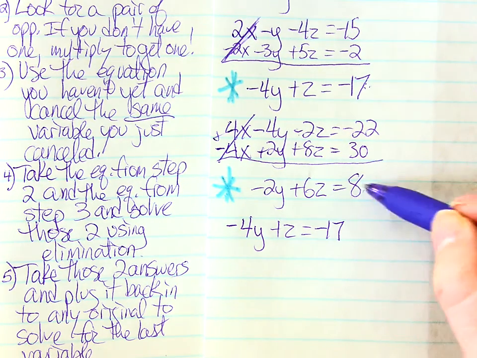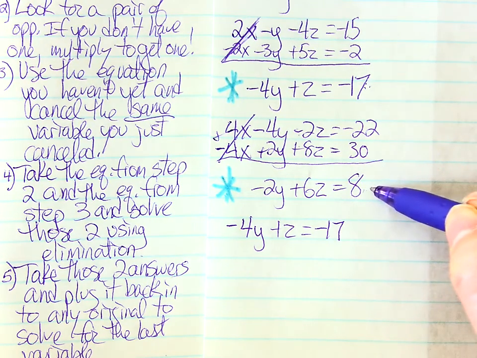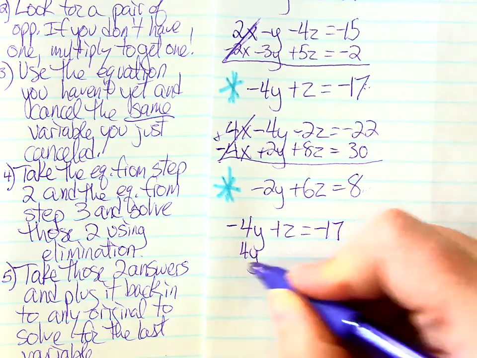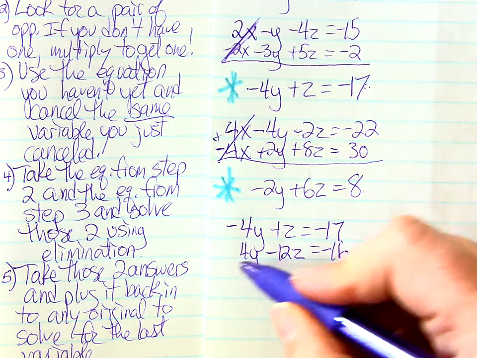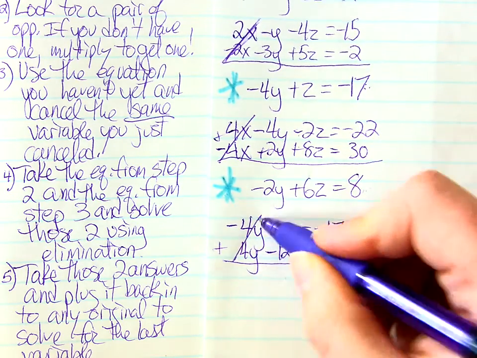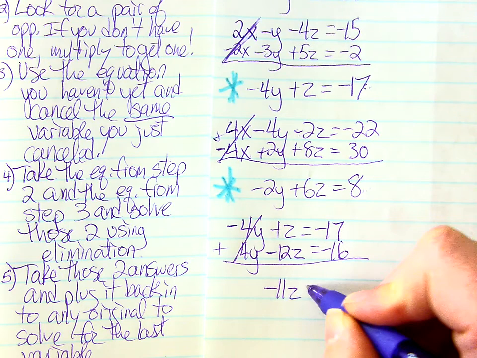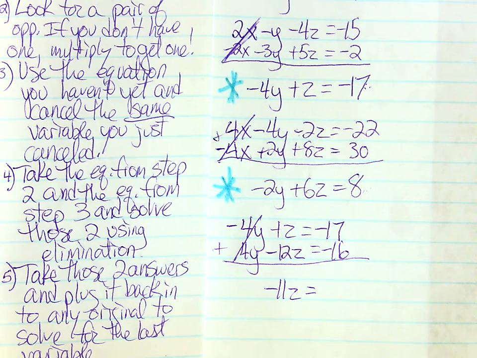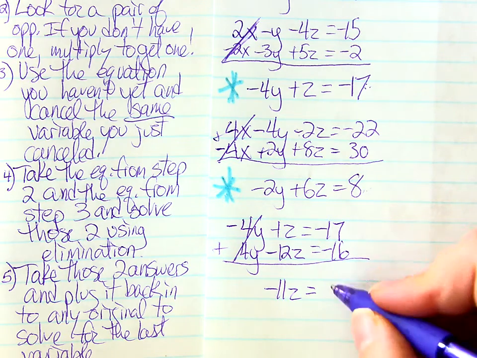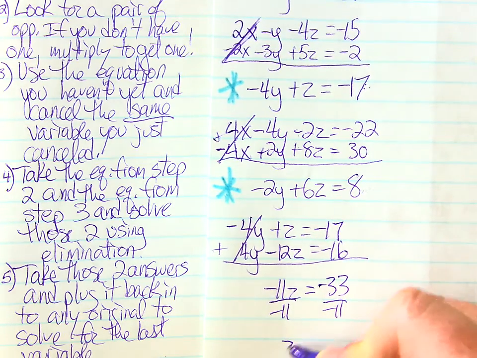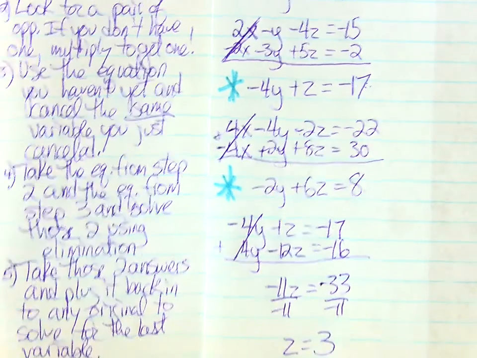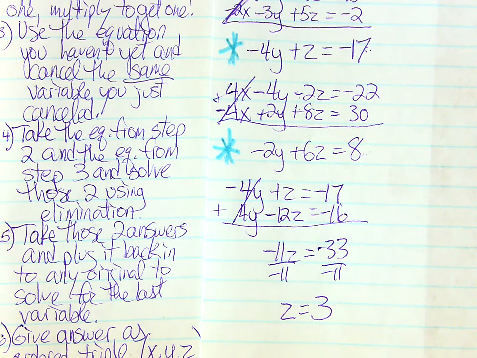And now I'll multiply the second star equation through by a negative 2. Oops, off my screen.